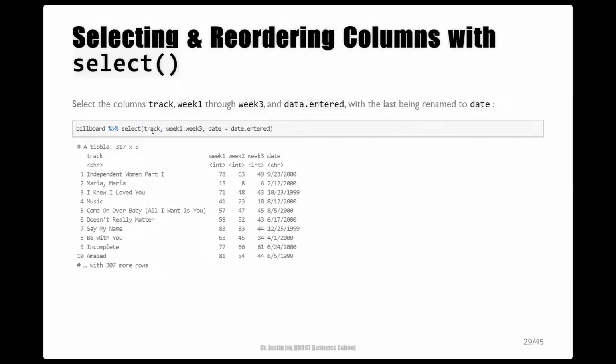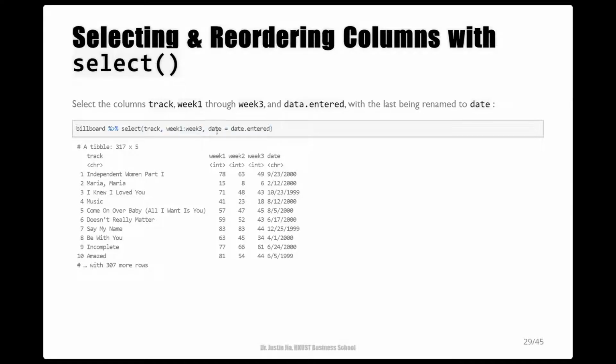To do so, we can use the select verb to take a sequence of columns in order. Columns are specified by one or more unquoted expressions, each separated with a comma. The syntax we've seen before for column selections can also be used together. Here, we use this sequence notation to select all columns from week 1 through week 3.